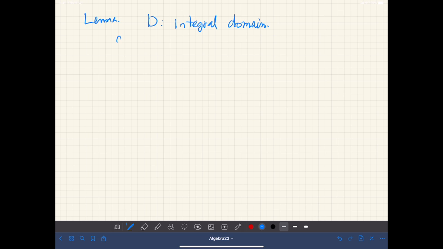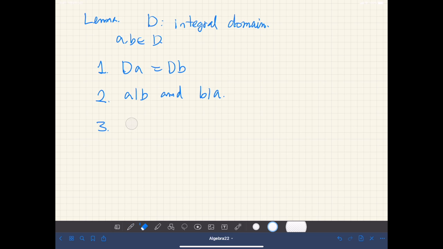And also A and B are elements of D. Then the following four statements are equivalent. 1, dA is equal to dB. 2, A divides B and B divides A. 3, A and B are associates.